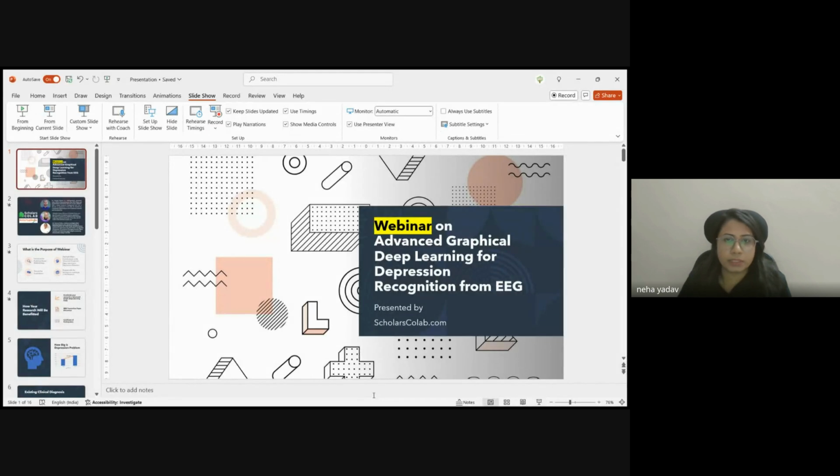So about the workshop: as technology continues to evolve, the integration of deep learning models in healthcare is transforming the way we diagnose, treat, and manage diseases. One of the most innovative areas of this transformation is the use of graphical deep learning, which leverages the power of graph structure to model complex relationships in healthcare data.